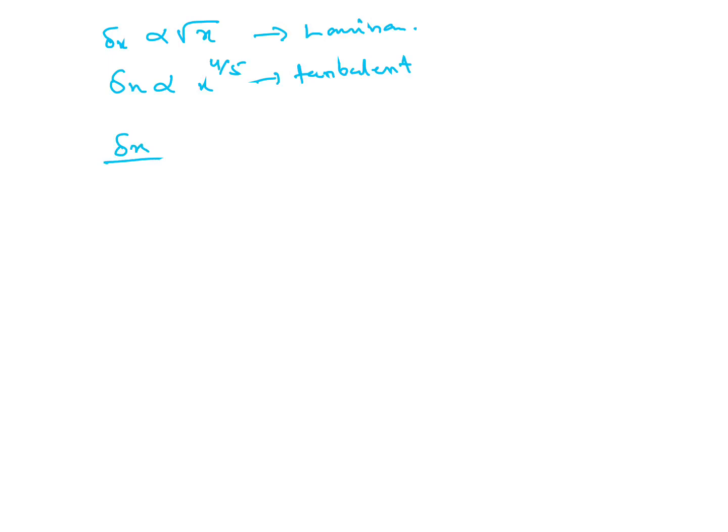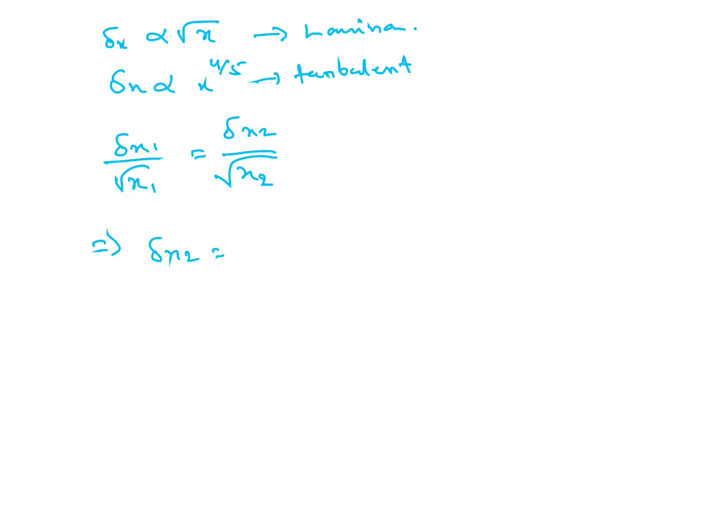Boundary layer thickness delta x is proportional to root of the distance from the leading edge. This is for the laminar case. One more thing is important: for turbulent flow, it's x to the power 4 by 5. But in this case, already mentioned laminar flow. So delta x2 by root x2 equals delta x1 by root x1. So we have to calculate delta x2.